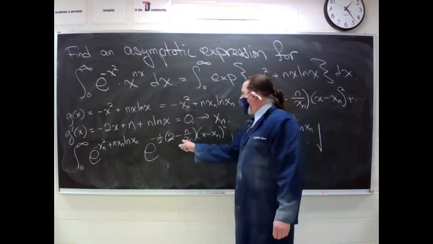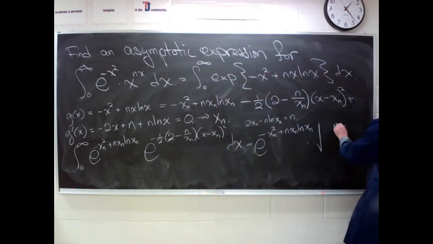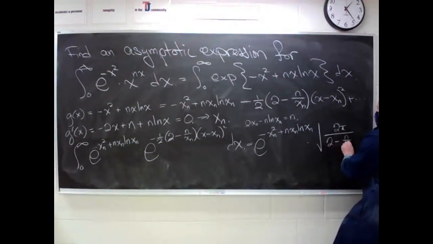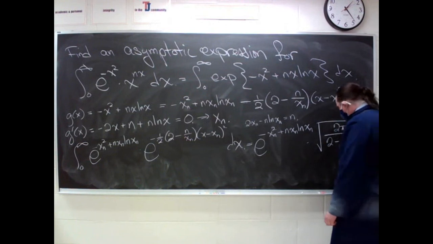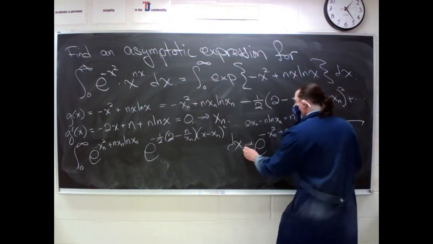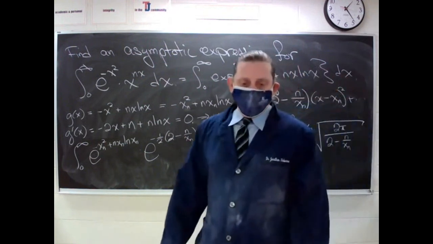Pi divided by this coefficient, 2 pi divided by 2n divided by xn. All right? This is not an equals. Approximately. All right?